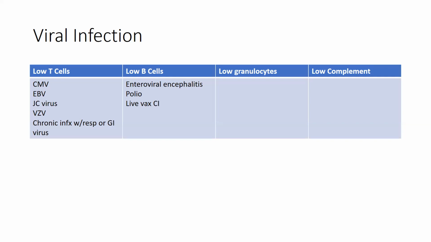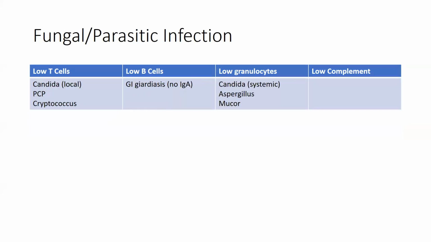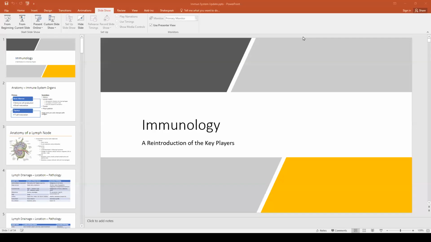So you'd want to be concerned about chronic viral illnesses, or actually being symptomatic from a viral infection that maybe normally wouldn't cause symptoms in a healthy person. And then fungal and parasitic infections, I honestly would not put too much time into them. When we do our micro section, we're not going to spend a lot of time. I'll just tell you a few that we want to know. So I wouldn't pay attention to this now. We'll look at a few fungi and a few parasites that you could pay attention to on your test when we do our micro section.